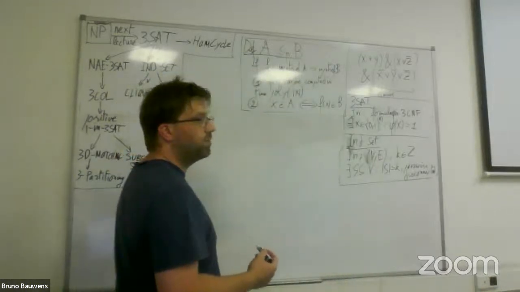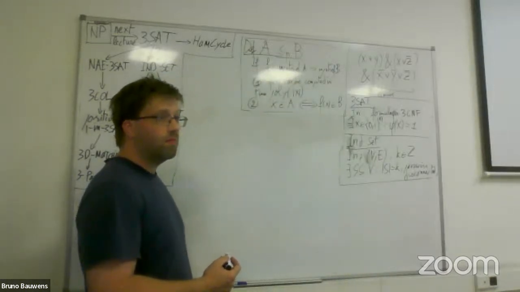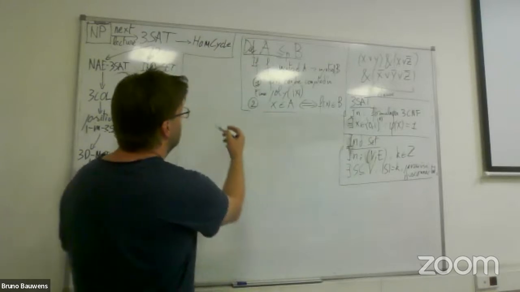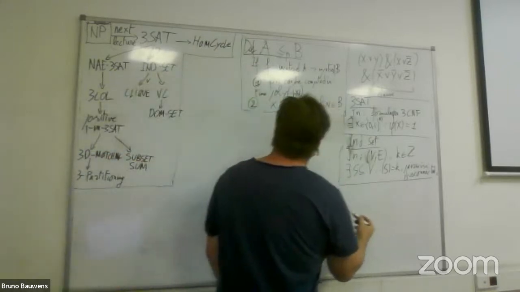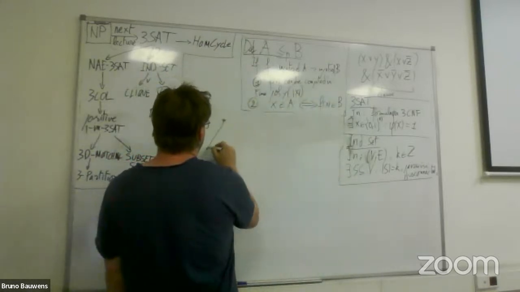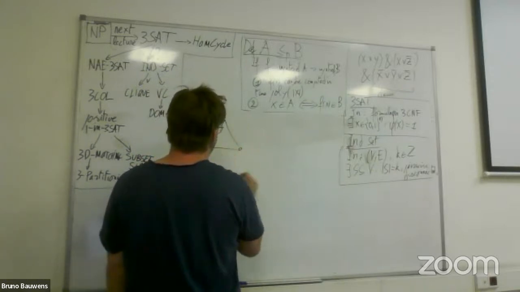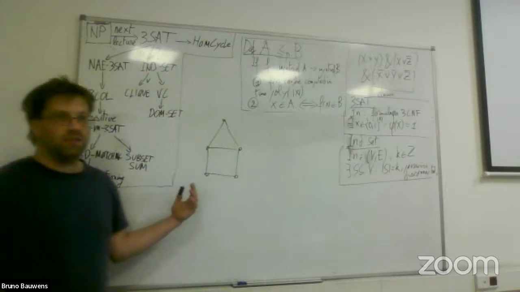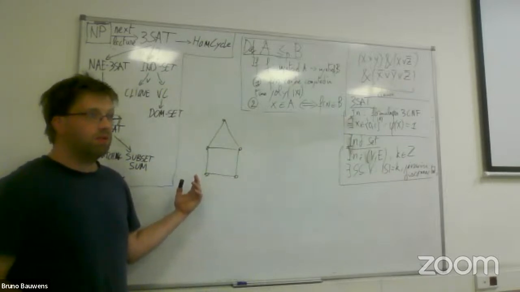We want to say that if there exists an independent set of size k, the formula is satisfied. So let's make a small illustration of the independent set problem for those who are new. Does this graph have an independent set of size 2?